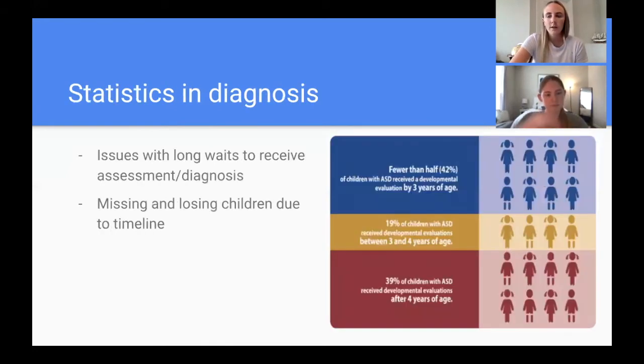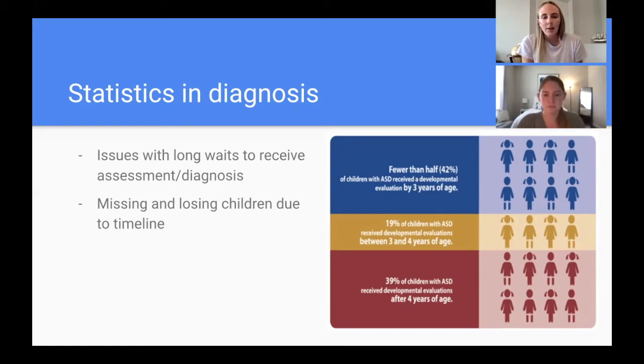So this graphic here, we took from a presentation that Allison and I watched on TELE ASD PEDS, and it addresses the lack or the need of earlier interventions or earlier assessments. It's showing that a lot of children are not receiving a developmental evaluation before the age of 3.